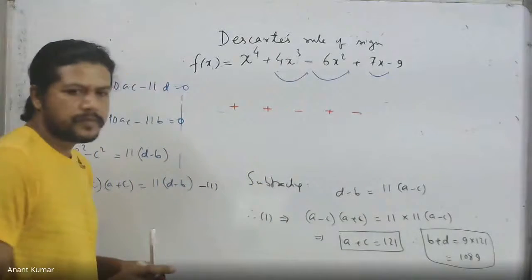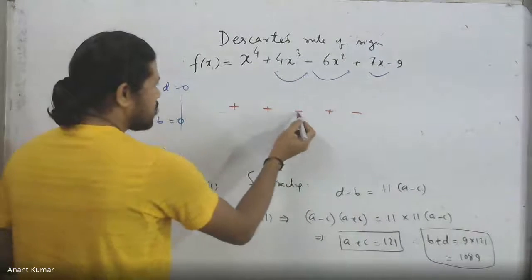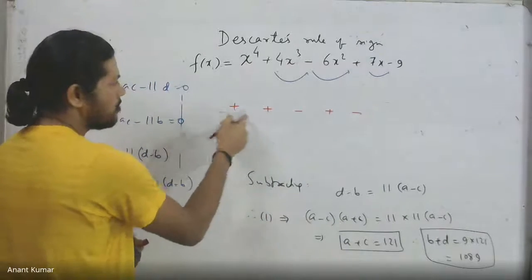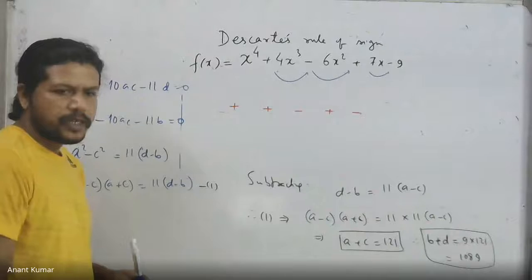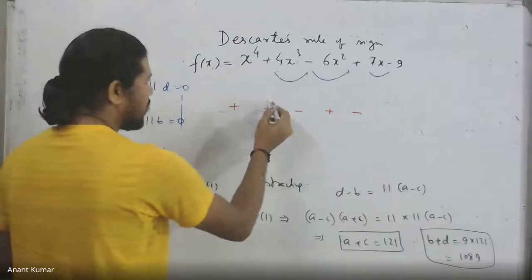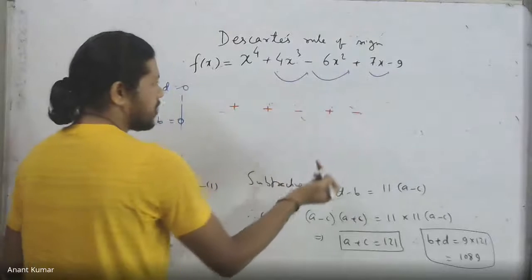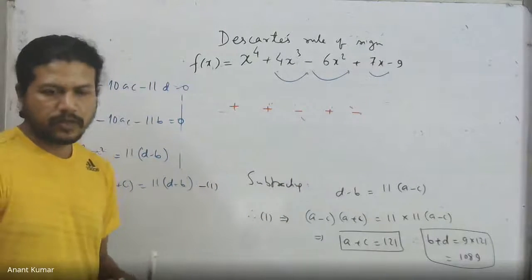If there is a sign change from plus to minus, we also have minus to plus, but plus to plus is no sign change. Here there is a sign change from plus to minus, then again from minus to plus, again from plus to minus. These need not be consecutive.